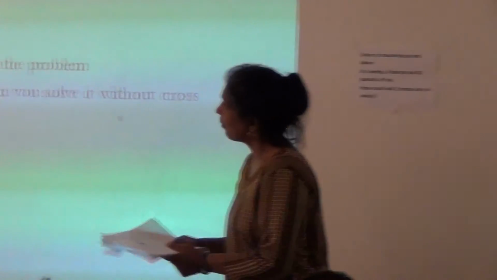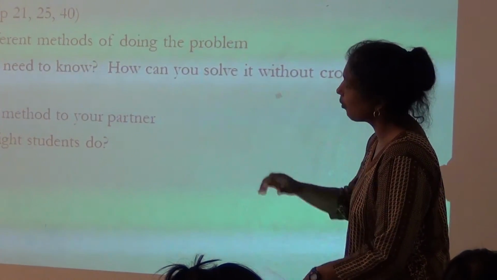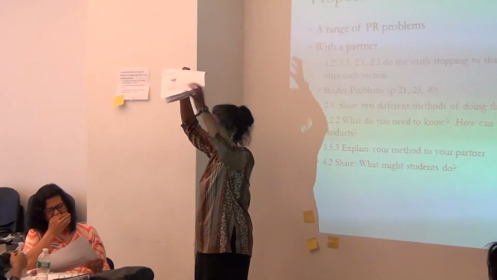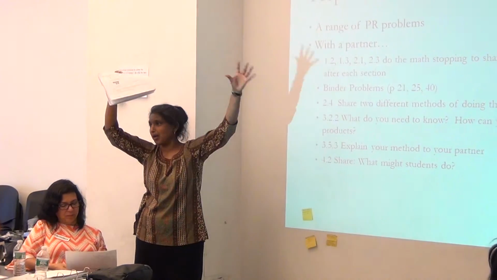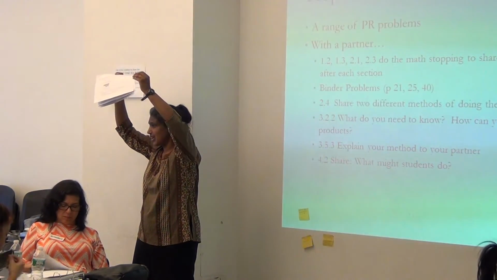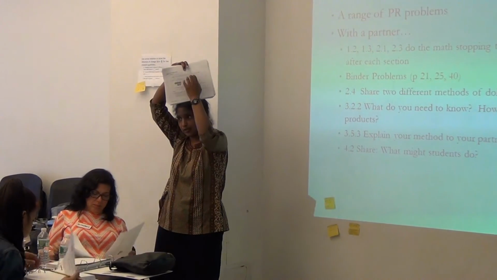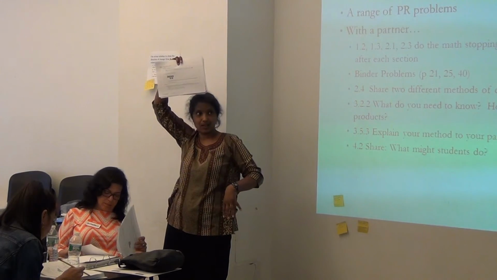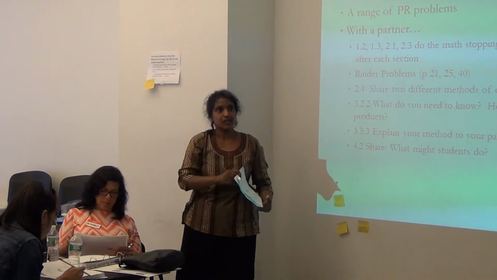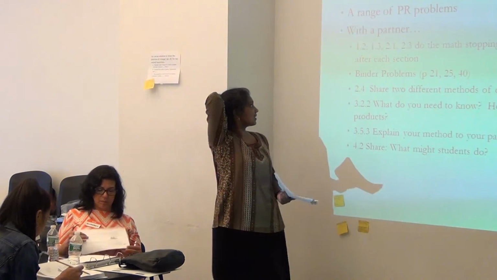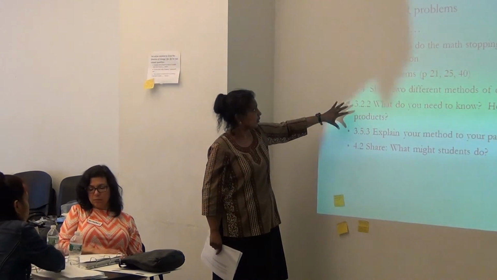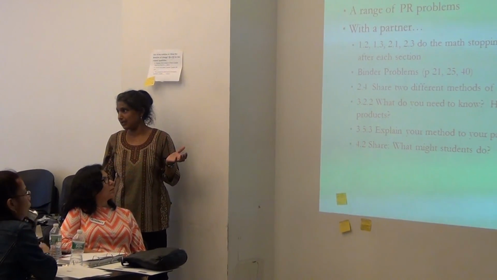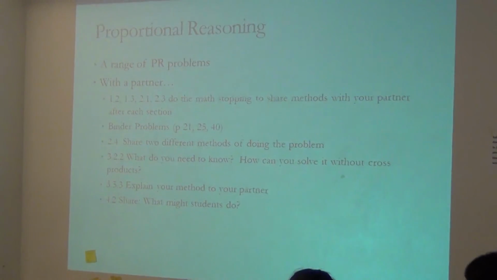These problems are selected so that there's 1 or 2 problems from each of these different sections, so that as you work through these, you can see a little bit of the progression of what's happening. The lemonade problem is actually in the 3-point-something section on using tables. That happens to be where it pops up.